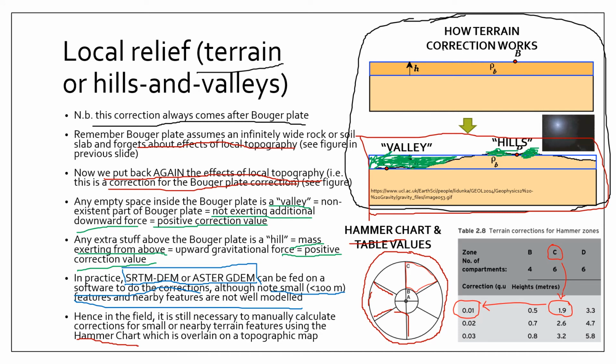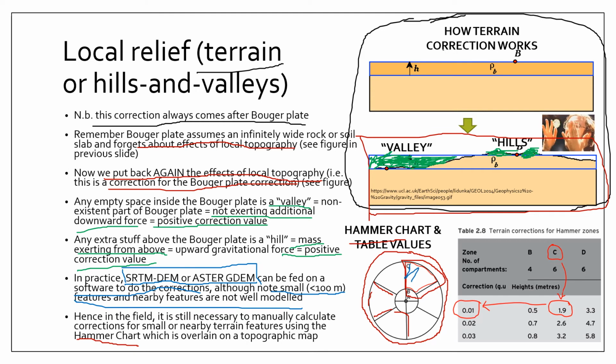Okay, so let's say that the Bouguer plate that you are assuming is... let's say that you found out that there is an extra mass in compartment C. Okay, you have a hill.